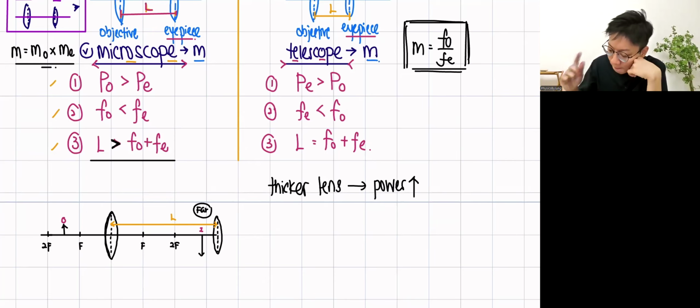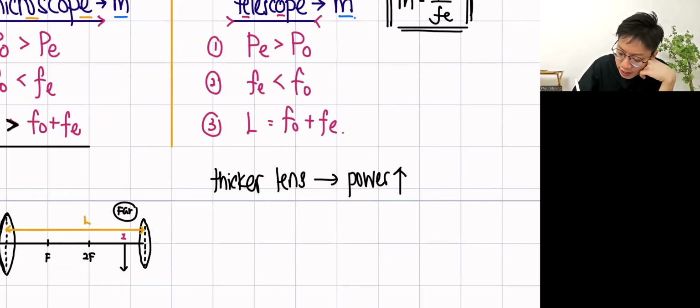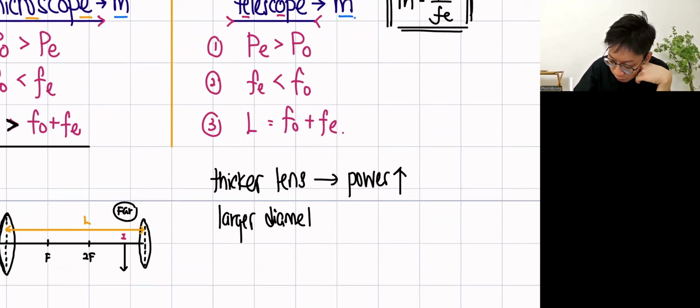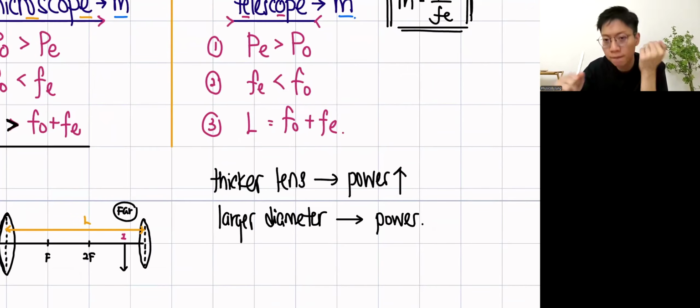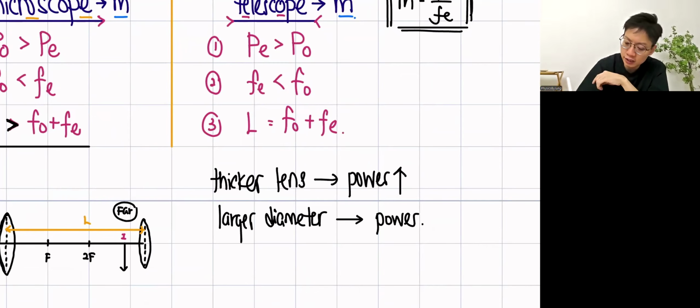Okay, but if I say larger diameter of lens, what happens? Will my power be higher or lower? Larger diameter of lens.